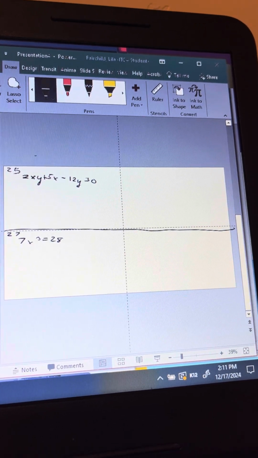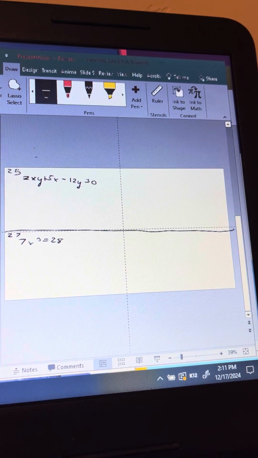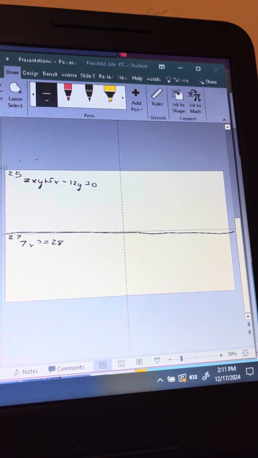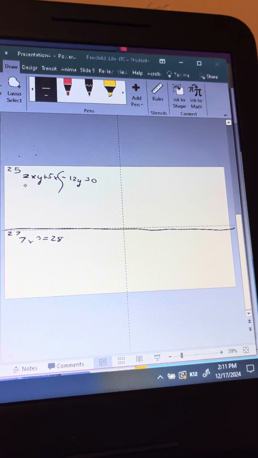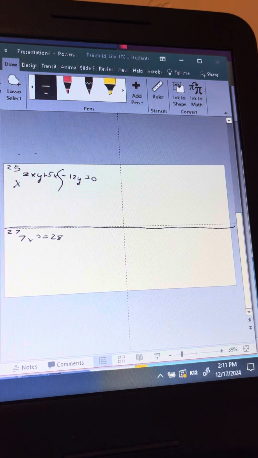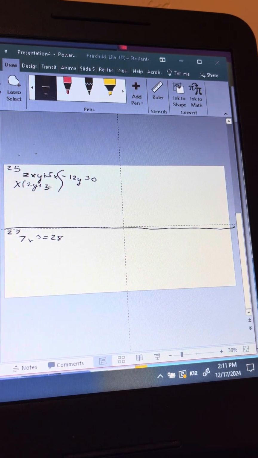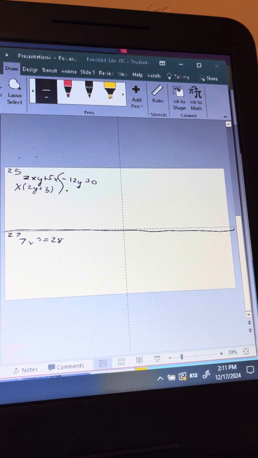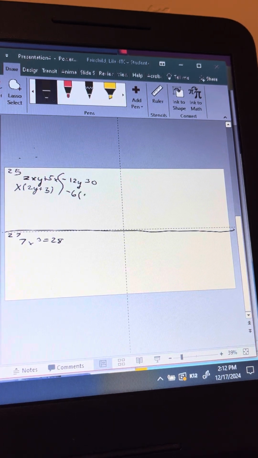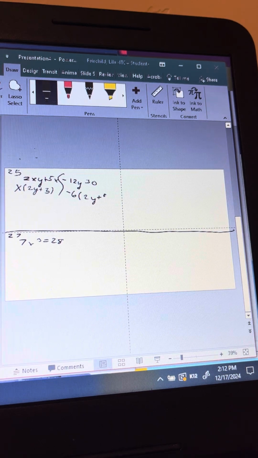And then for 25, what you need to do is split this, and for this side you can do x and then 2y plus 5, and for this side you can turn that into negative 6 times 2y plus 5.